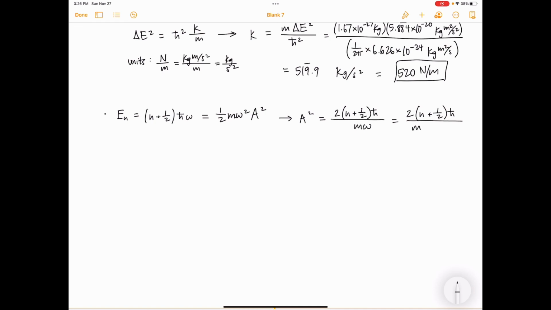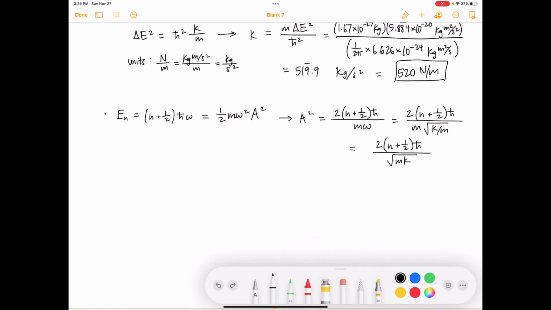So on the bottom, we have the square root of k over m. And we can simplify this a little bit more. So on top, we have the same thing as before. On the bottom, we can write this as the square root of m times k. When you bring this m into the square root, that's what it works out to.